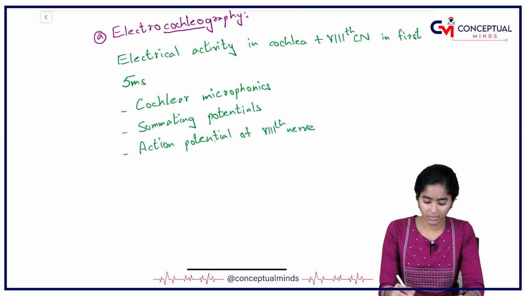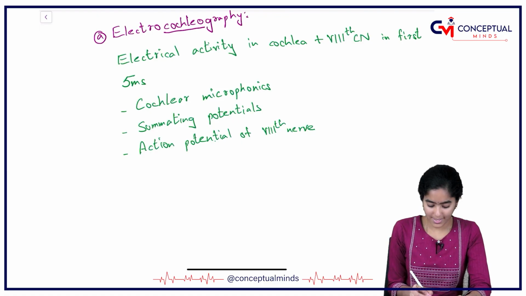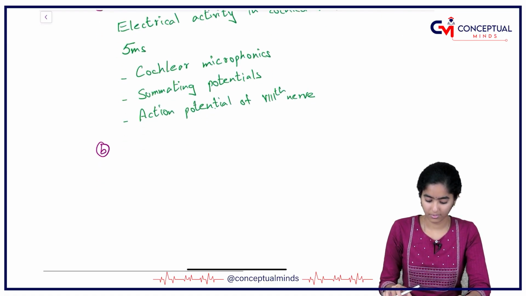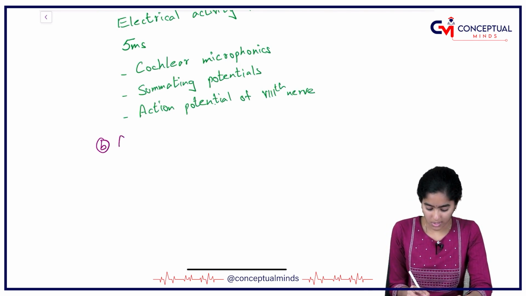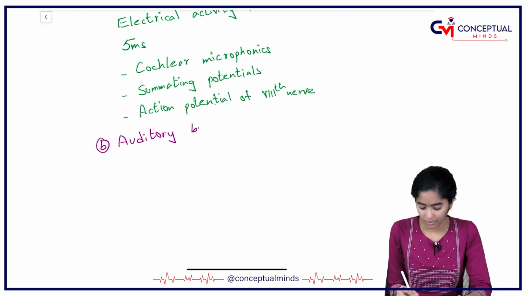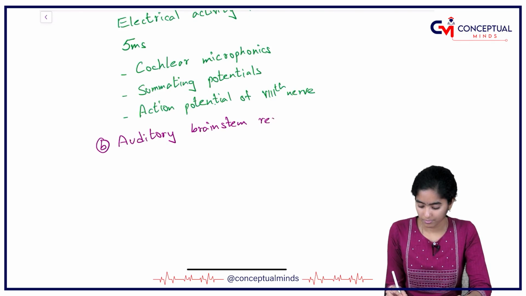Now the second category in this group is auditory brainstem response. This test has various names.